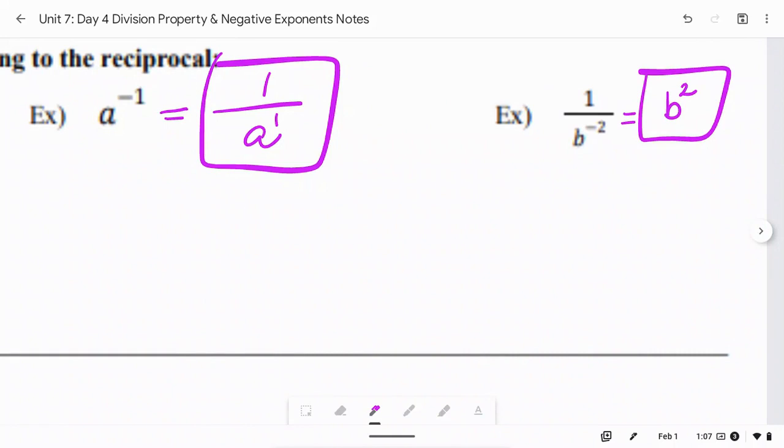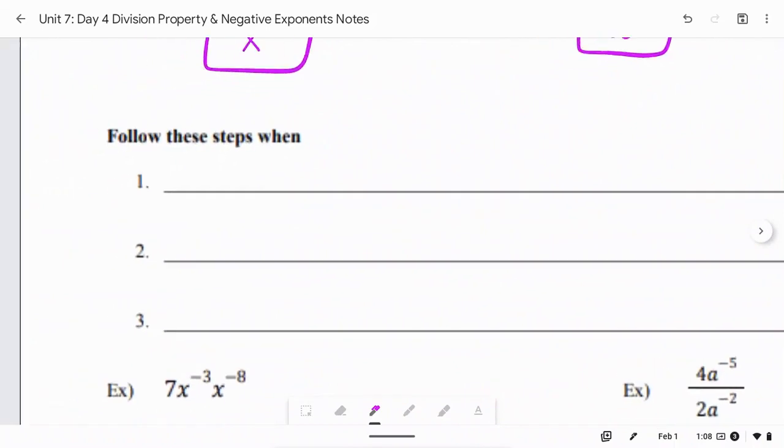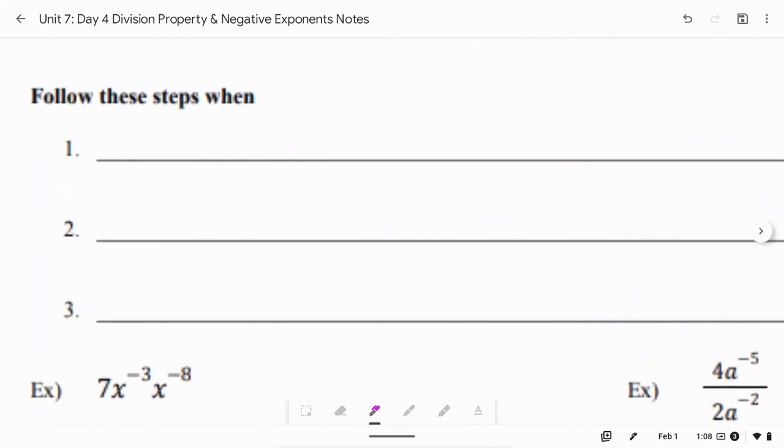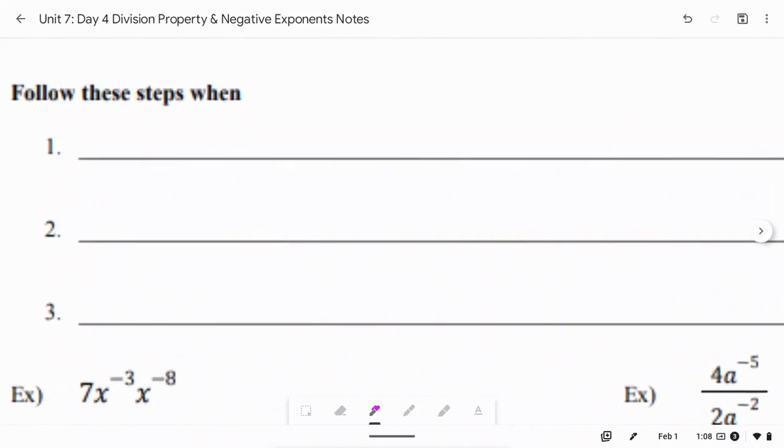So let's just kind of recap what we're going to be doing today. So we're going to follow the 3 steps below for these multiplication and division problems. Step 1 is always simplify the coefficients.